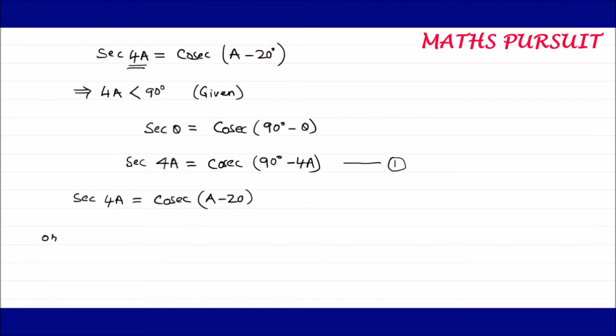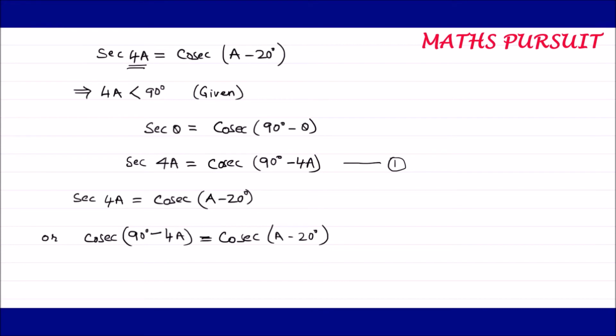Or I can rewrite the question as cosec (90 degree minus 4a) is equal to cosec (a minus 20 degree).